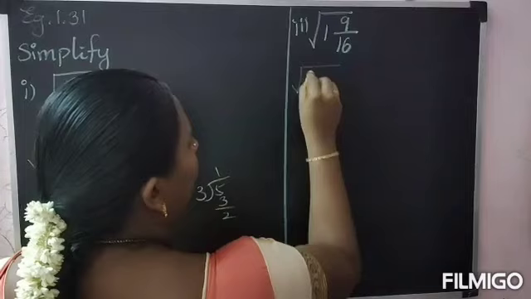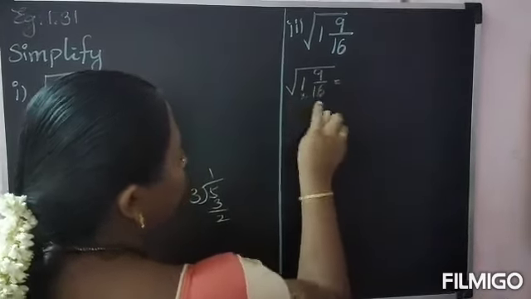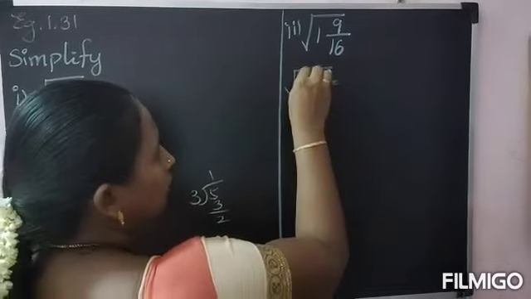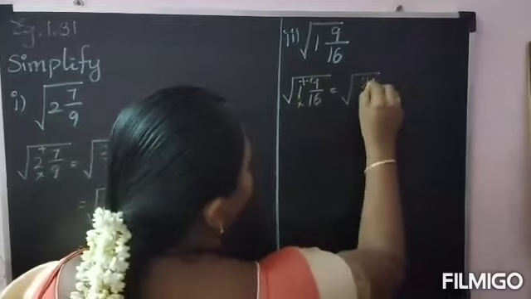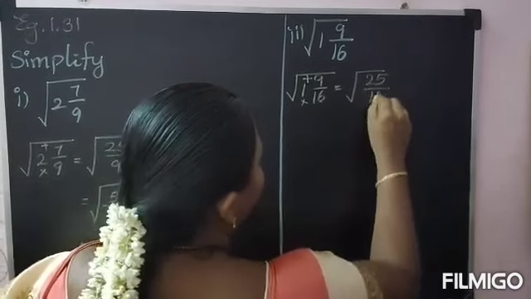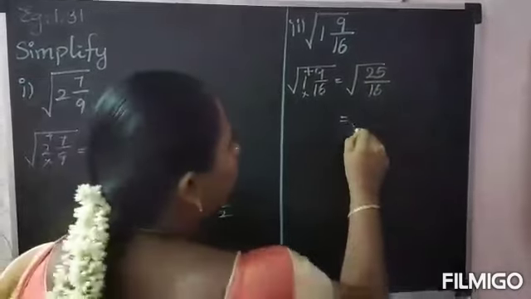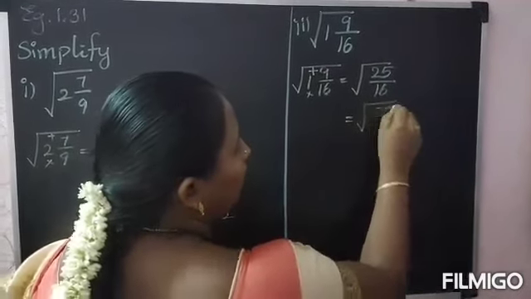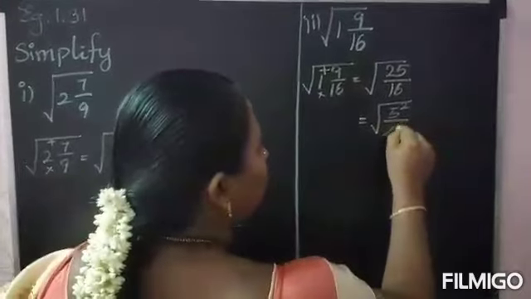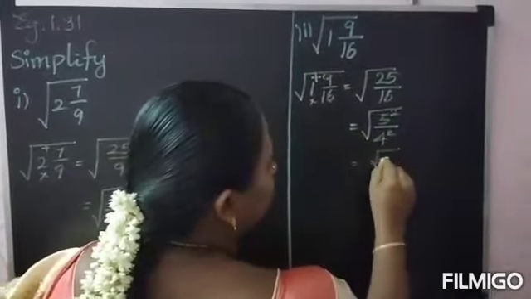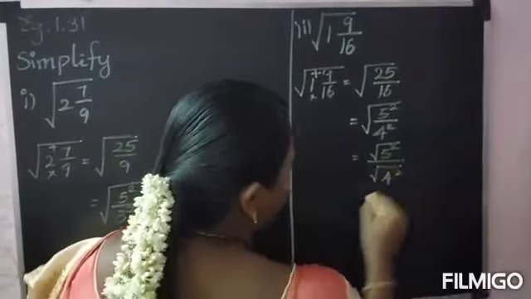So square root of 1 9 by 16 equal to, multiply here, 16 ones are 16, 16 plus 9, 25. So square root of 25 divided by 16. Here 25 can be written as 5 square, you know, right? Square root of 5 square divided by 16 can be written as 4 square. Now separate and write: root of 5 square divided by square root of 4 square.